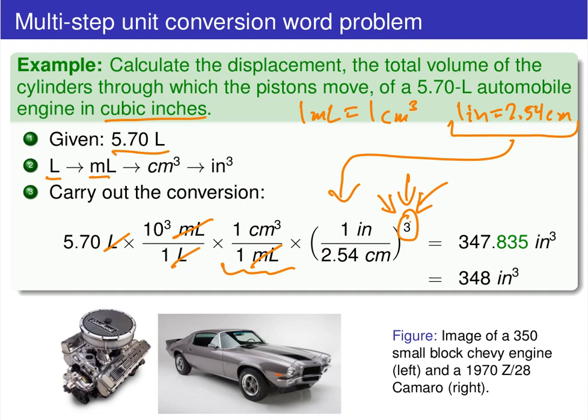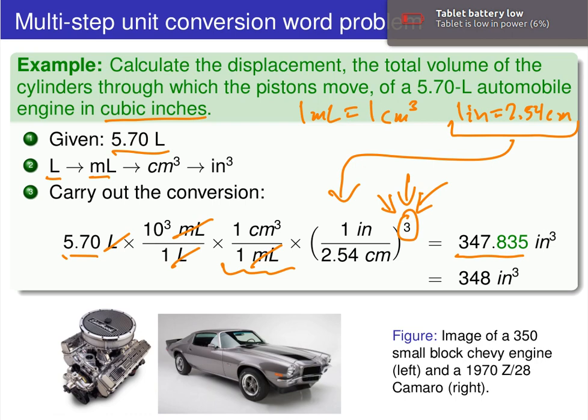So once you include that power of 3, you're going to get this answer coming out of the calculator. We're going to round it down to only 3 significant figures, and we see that we're right there about 350 cubic inches. So that's why oftentimes you'll hear car engines referenced as, say, a small block 350 Chevy engine. That is that displacement in cubic inches.